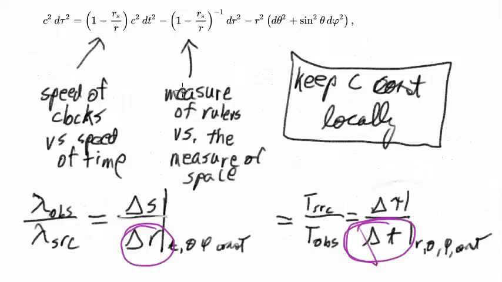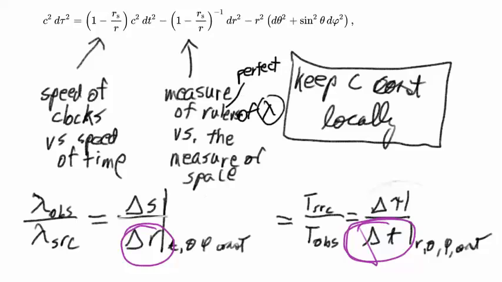Because really what we need to adjust is where I said measure of the ruler, measure of the photon's wavelength. This is the measure of the photon's wavelength versus the measure of the space. And this is a perfect ruler, the perfect ruler without any Young's modulus.